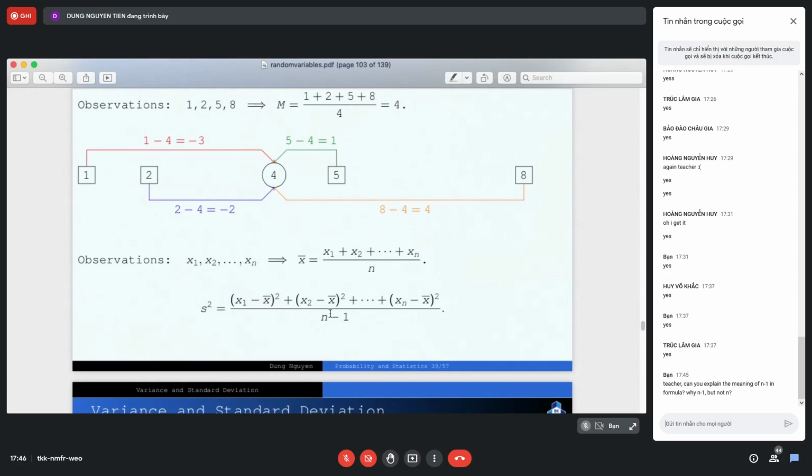That's why you replace n by n minus 1, and by doing this, you get an unbiased estimator of the variance of x.